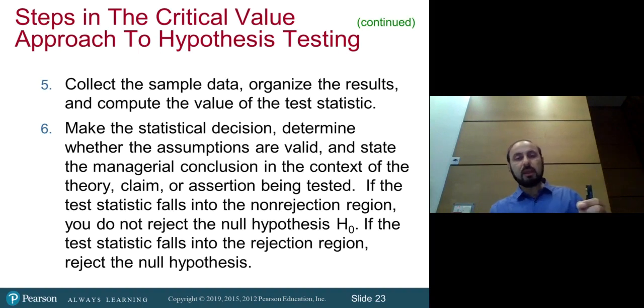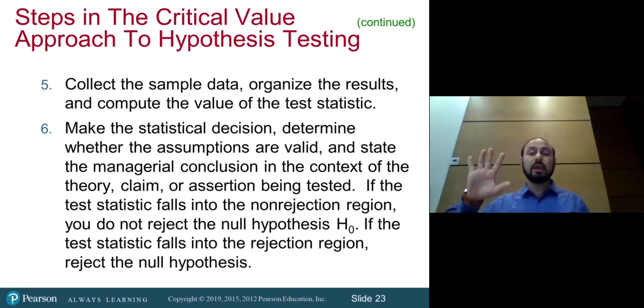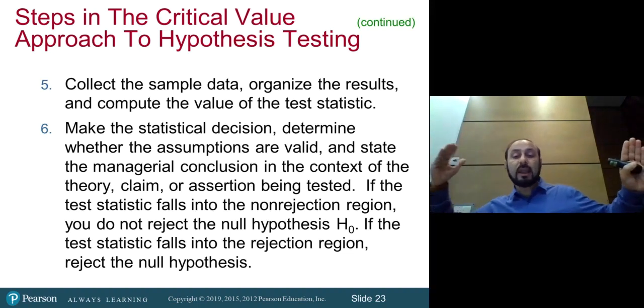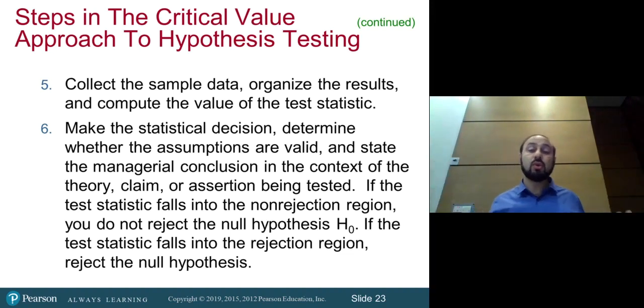Determine whether the assumptions are valid and state the managerial conclusion in the context of the theory, claim, or assertion being tested. If the test statistic falls within the non-rejection region, do not reject the null hypothesis. But if it falls outside the acceptance region, in the rejection region, you have to reject the null hypothesis. Once you reject the null hypothesis, you accept the alternative hypothesis, which is the opposite.